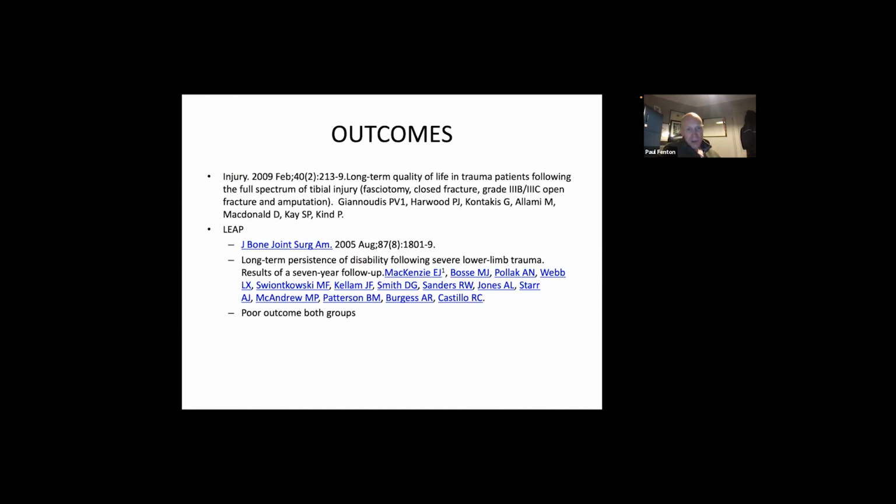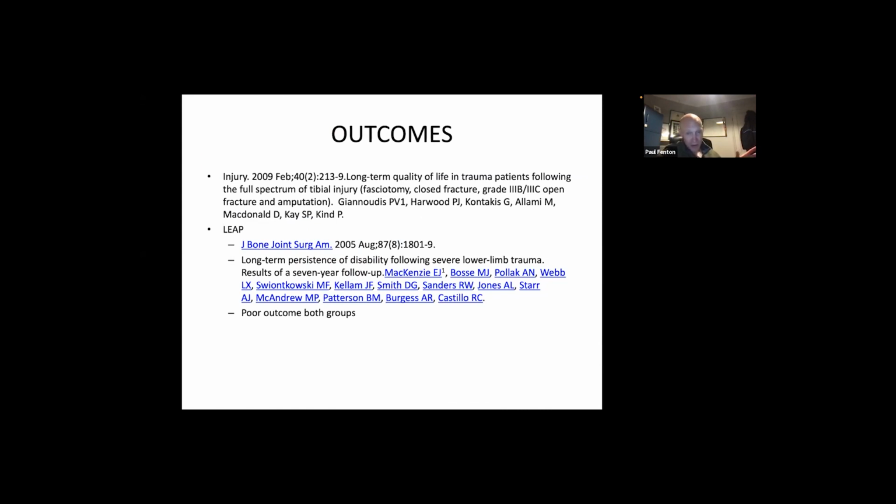Then finally, the outcomes. Again, the orthopedic evidence is probably not as robust as it should be, but a fairly recent study from the Leeds group showed persistent disability after severe injuries. The LEAP group, as we said, had 7-year follow-up.